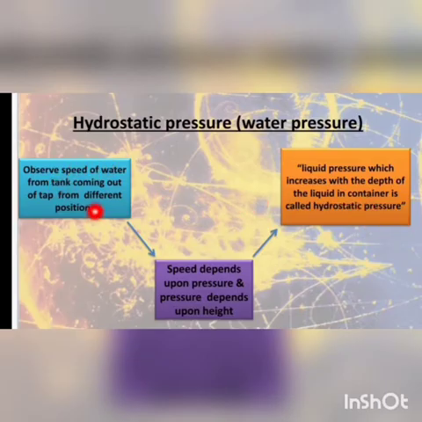From this we learn what is the effect of height on pressure. From this we can infer the liquid pressure always increases with the depth of liquid in a container. That is called hydrostatic pressure.